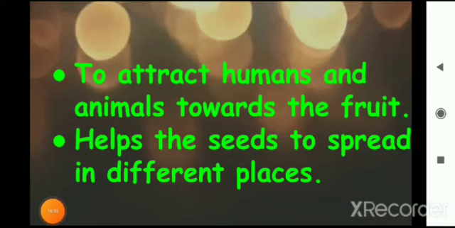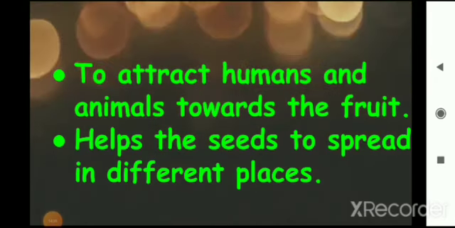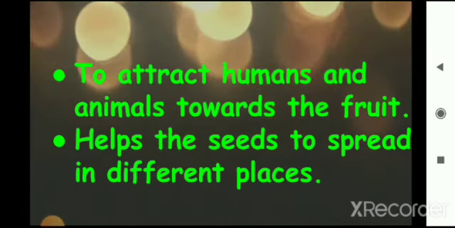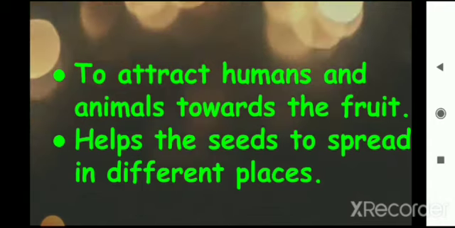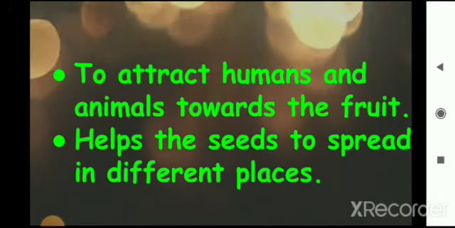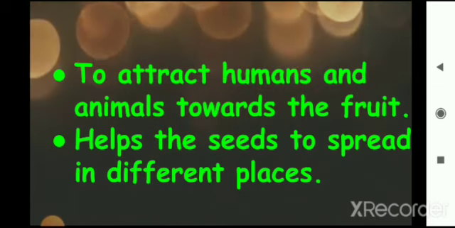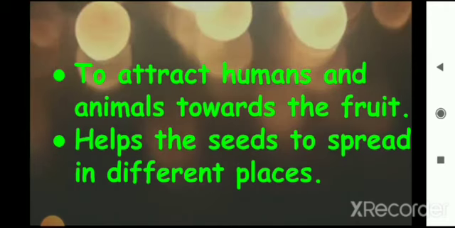Your answer will be the ovary of most fruits become fleshy and juicy so that the humans and animals get attracted towards the fruit. Right? When the fruits are fleshy and juicy, then humans and animals both are attracted towards the fruit, right? Because humans and animals eat fleshy and juicy fruits, right? That's why they are attracted towards the fruit.